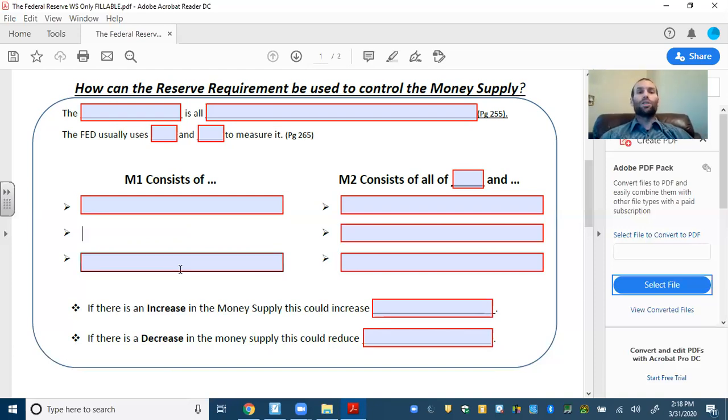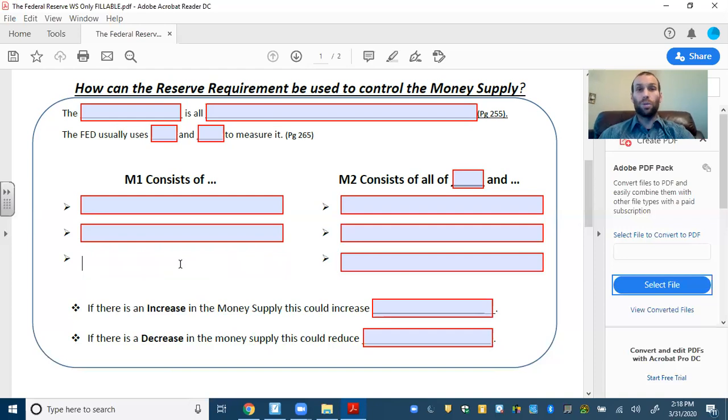The third type is traveler's checks. What traveler's checks were solving was a problem you guys don't really have anymore. It was something I actually used when I was a kid. You would go to the bank and get a booklet full of traveler's checks. So I would give them like $200 and they'd give me $200 worth of traveler's checks. What you would do is sign each one of them in one of the blanks and leave the other blank. What it was for is travelers.